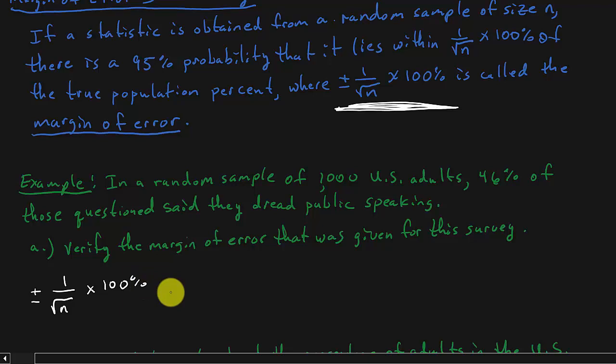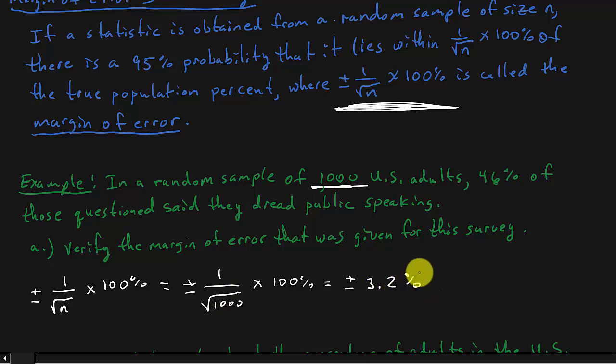So the margin of error is plus or minus 1 over the square root of that 1,000. n is 1,000 in this case, times the 100%. So when we put that into our calculator, we actually get 3.2%. This is our margin of error.